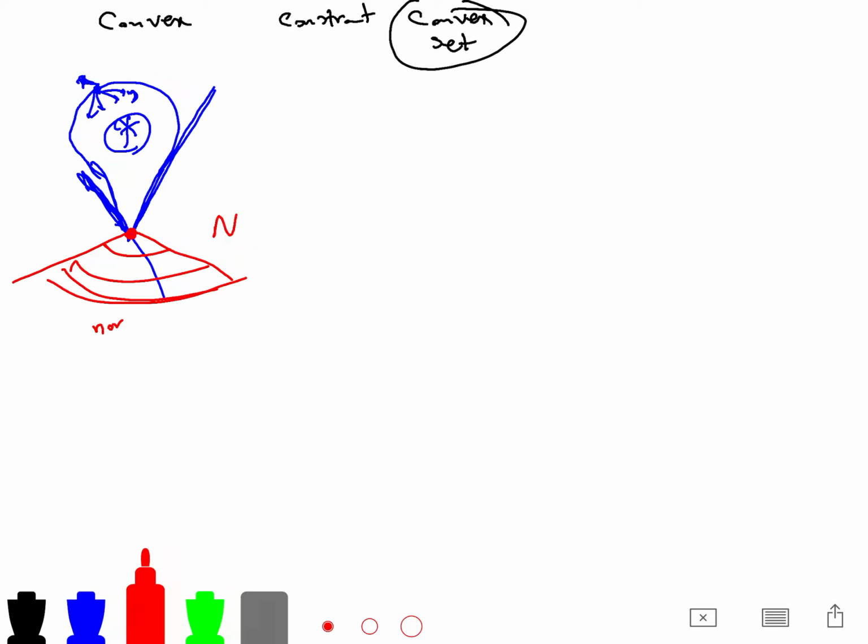That's why we write N for set X at x. Set X is here. So the normal cone is red. The normal cone is all of these directions that go out. For example, all of these points that are going out are inside the normal cone.